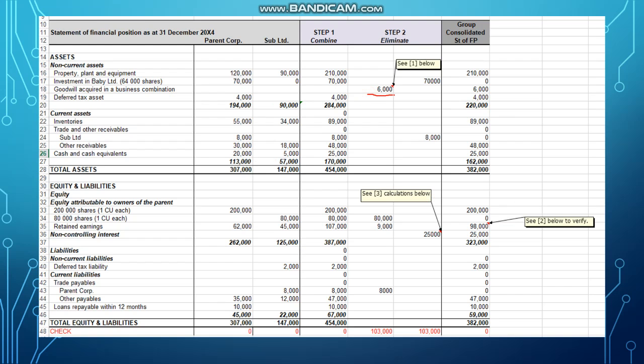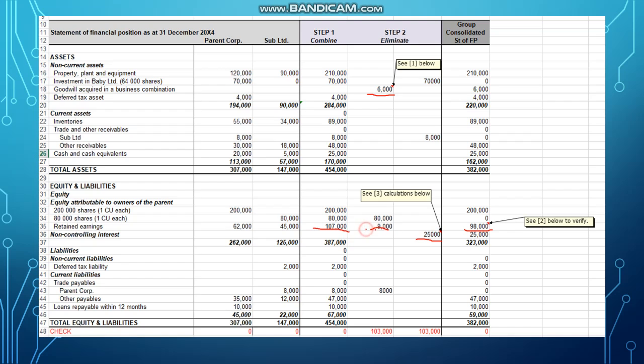Again, here are those numbers that we calculated: the $6,000 of goodwill, the $9,000 in retained earnings, and the $25,000 in non-controlling interest, and $98,000 in retained earnings. Now, how we got this $98,000 here instead of in the eliminations column is our initial combination got us to 107, but our actual retained earnings should be 98,000 with our 20% that we don't own.